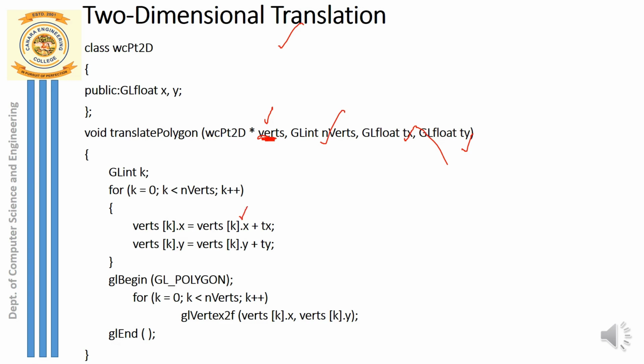I take the x coordinate of the first vertex and add the translation factor along x axis, so that you get the x coordinate of the new vertex. Next, again only x I have added, only the x coordinate I have computed.